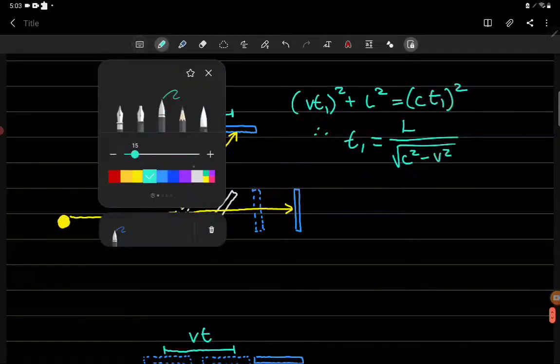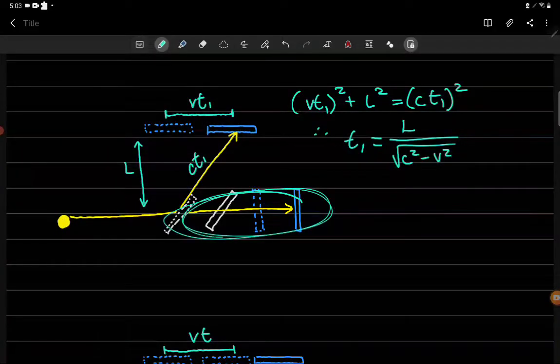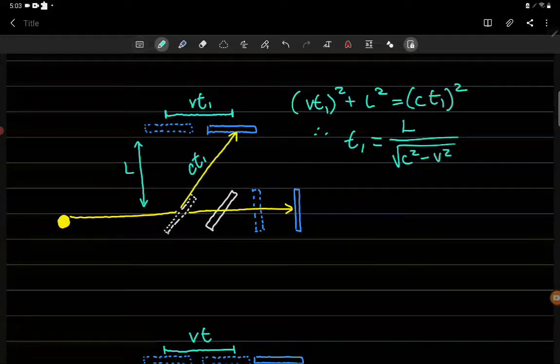And with t2, which is referring to this bottom beam of light traveling here, remember how I said that this mirror here has moved a certain distance during the time it takes for the light to travel? So it's moved some extra distance. If we ignore the fact that the speed of light is constant in all frames of reference and say that it acts like Galilean relativity, like normal velocity differences between frames of reference, then we could say that the speed of light relative to the mirror is actually c minus v.